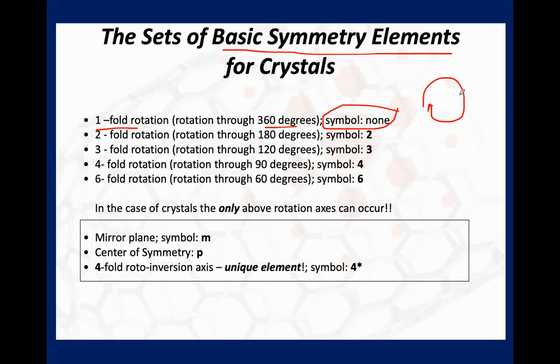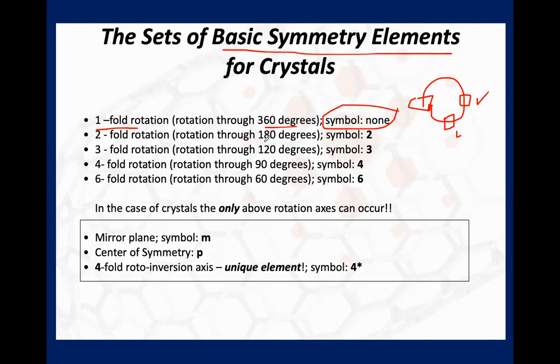But if you get the same object halfway through, or more than that, then you can call it symmetry, because you saw the object originally here and you see the object again somewhere else. But if you see it only after 360, it's just nothing. It comes back to the original status. So you can call it one-fold, but it's really not a symmetry operation in a crystal.